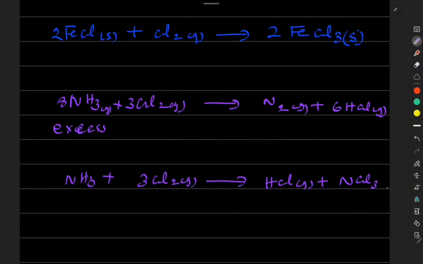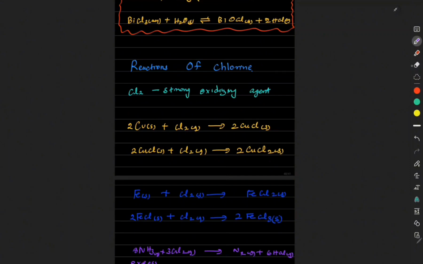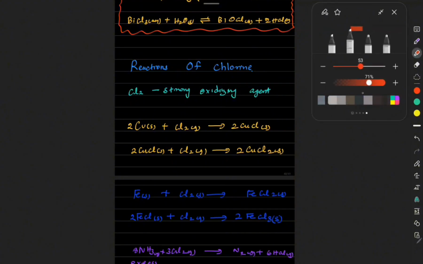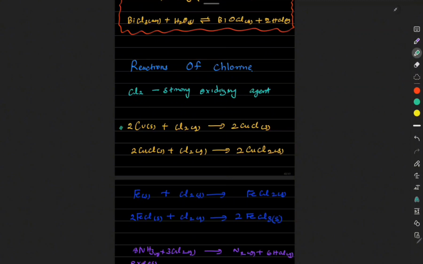NCl3 is a liquid. And here Cl2 is in excess. These are the reactions of Cl2 as a strong oxidizing agent.